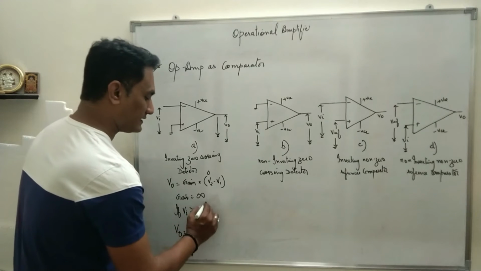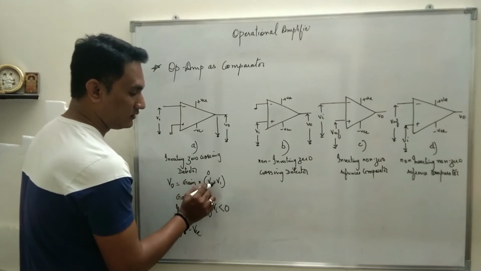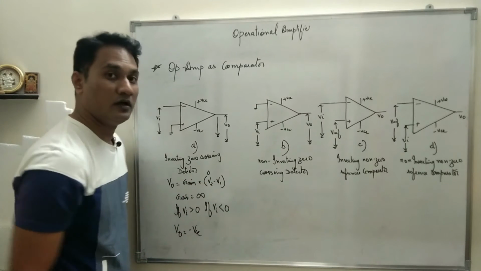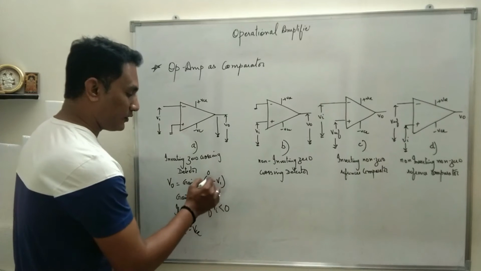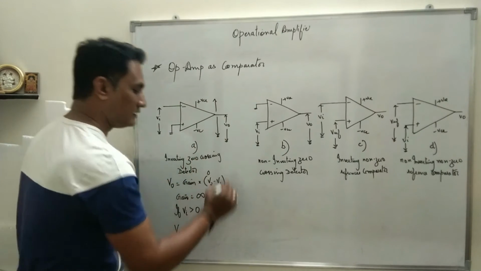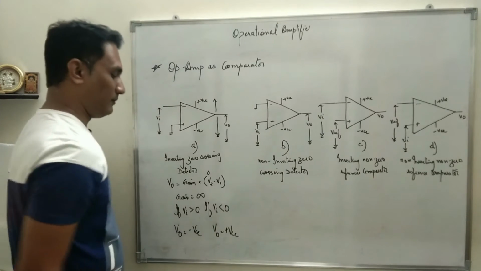And in the same circuit, if Vi is less than 0, that means the subtraction between these two will give you a positive answer. So positive, gain is infinite, so the output voltage will keep on increasing till the positive saturation. The output will be plus VCC.